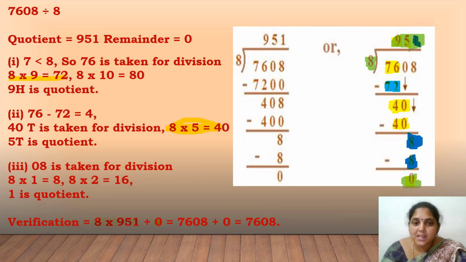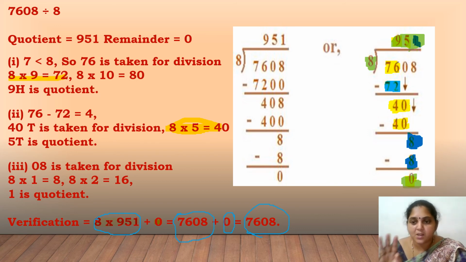Now when you multiply these two numbers, you get your answer as 7608. And what is our remainder? 0. Now add this together, and you will get your question, 7608. If any remainder is there, your division is wrong, because 7608 is your question.